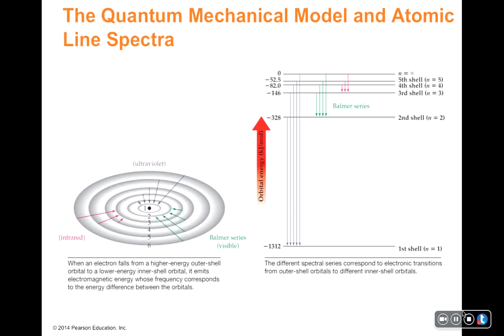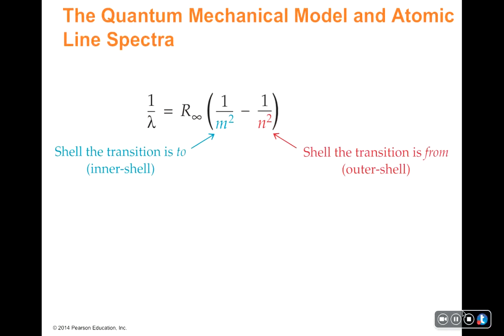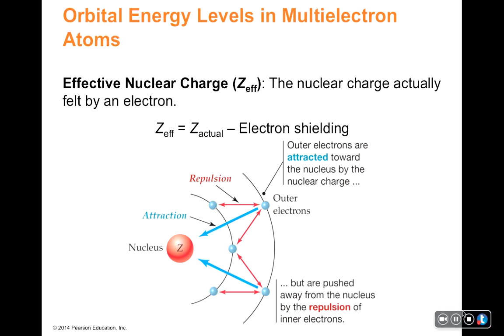So whether they drop, say, from the 5th shell to the 3rd shell, or from the 4th shell to the 1st shell, those would be different wavelengths of light that were emitted. And so lots of information is now known about those specific amounts. Again, this is the relationship that explains that. This is not one that I'll ask you to calculate from.